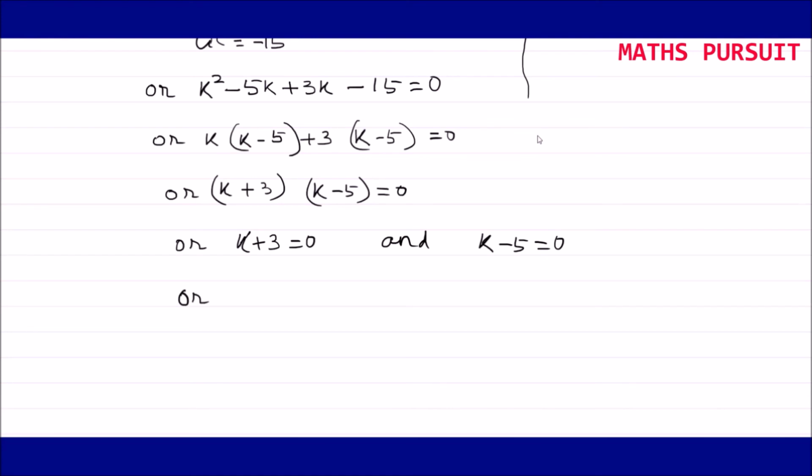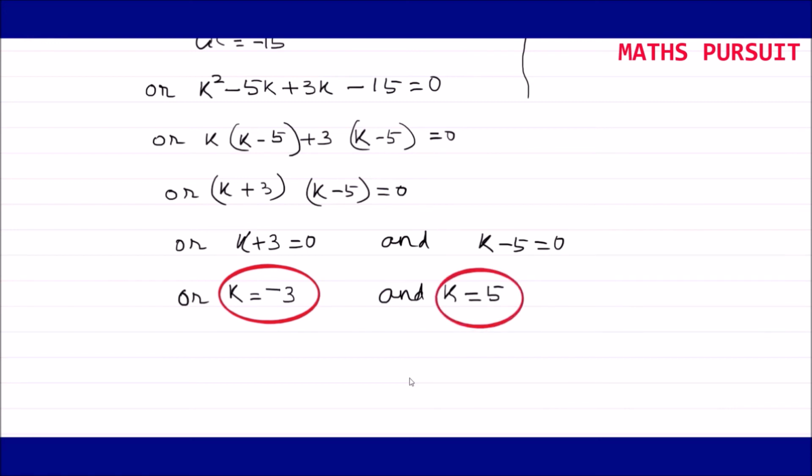So k is equal to minus 3, and here k is equal to 5. So we got two values of k: one value is minus 3, and the other value is k is equal to plus 5.